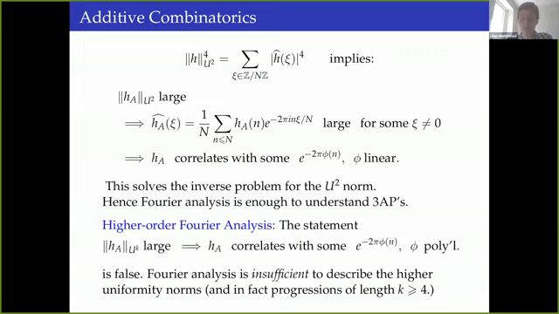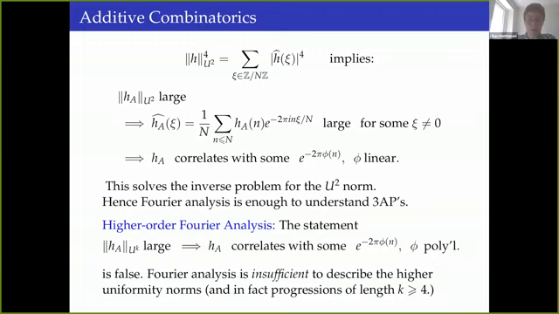Fourier analysis turns out to be insufficient to describe these higher order uniformity norms, and you can construct examples of subsets of the integers up to n that show that Fourier analysis is insufficient in order to understand the number of k-term arithmetic progressions in such sets for k larger or equal to 4. So more work is needed here.